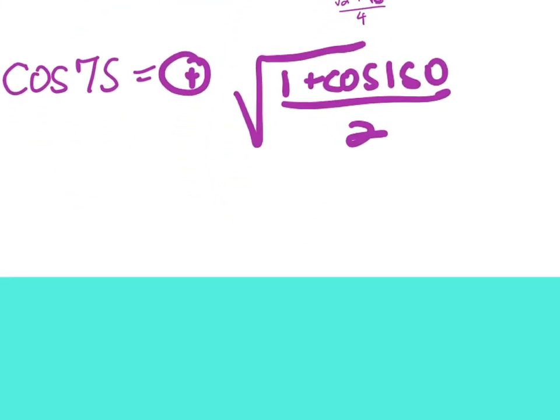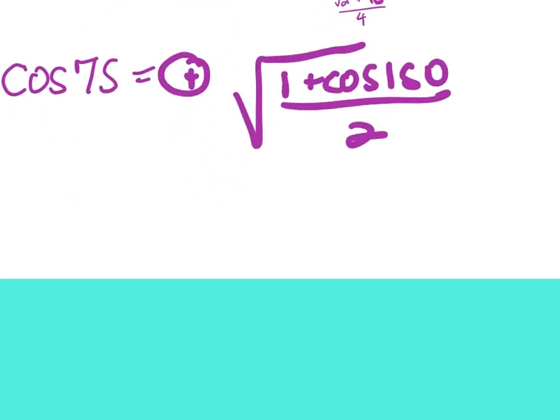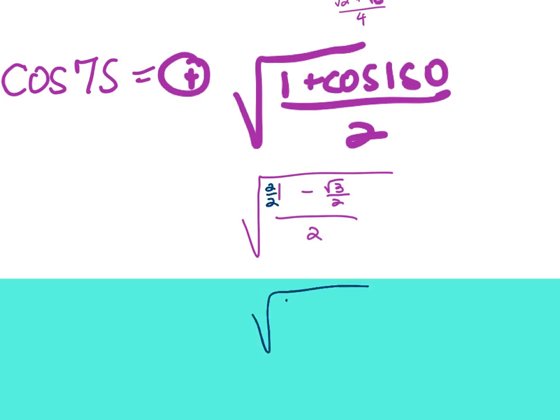We already found the cosine of 150. It's negative root 3 over 2. So I get the square root of (1 minus root 3 over 2) over 2. Change this to be 2 over 2, and I get the square root of ((2 minus root 3) over 2) all over 2.